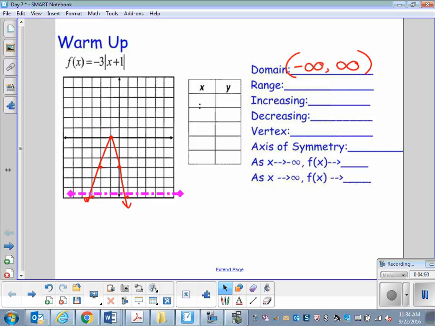So then look at your range. Range is looking at this graph from the bottom to the top, from the bottom, meaning negative infinity, all the way up to positive infinity. You're telling us where this graph exists. So if I have these arrows that are going straight down, where are they going? Negative infinity.